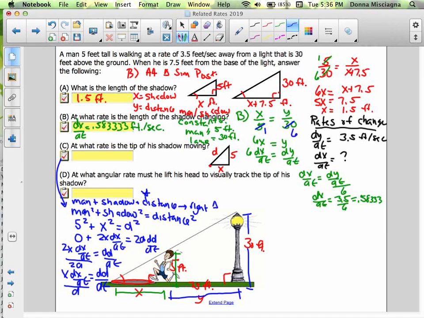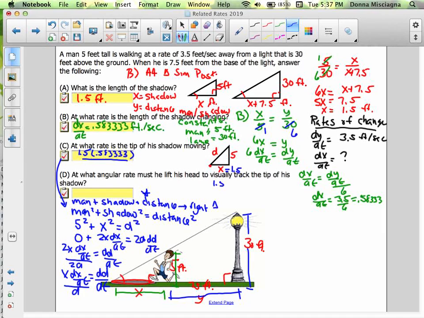All right, so we'll solve it out over here. We've got x, and x we found was 1.5, times dx/dt, that was 0.583333, divided by the distance. We didn't find the distance, but we could find the distance, right? Because we have our triangle there, and we know this is 1.5.